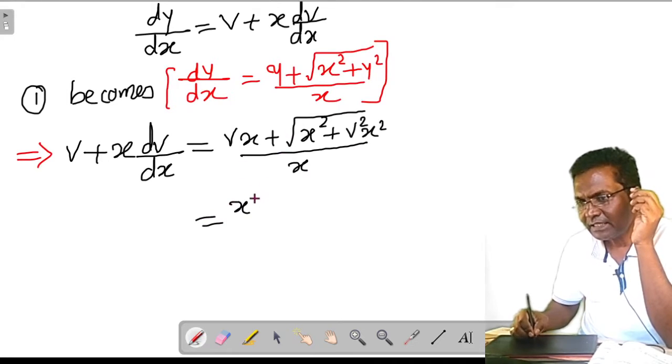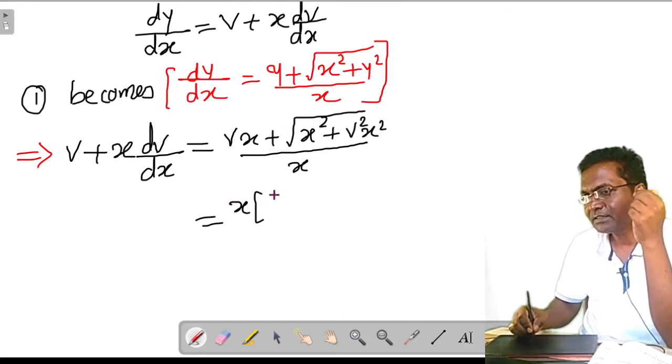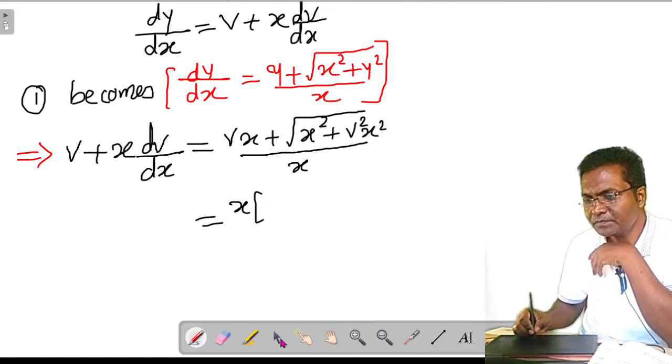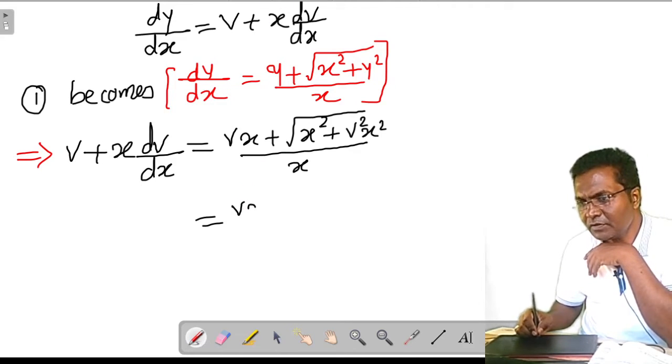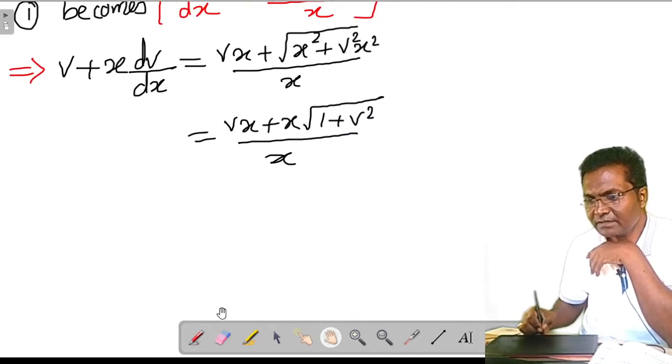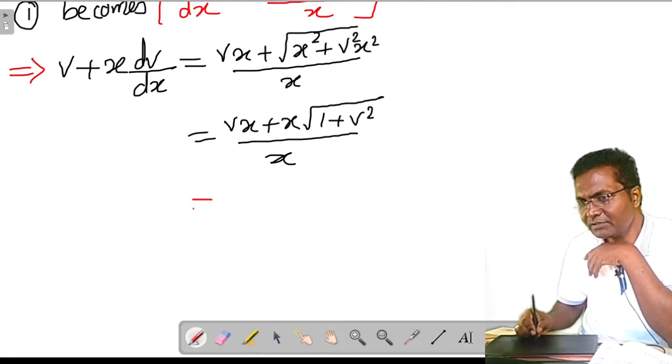So taking x common, you can do it like this also. Let me write in detail. vx, if you take x squared common from the root, you will get x here. Inside the root, you will get 1 plus v squared, whole divided by x. Okay. Now, if you take x common, x gets cancelled with the denominator.